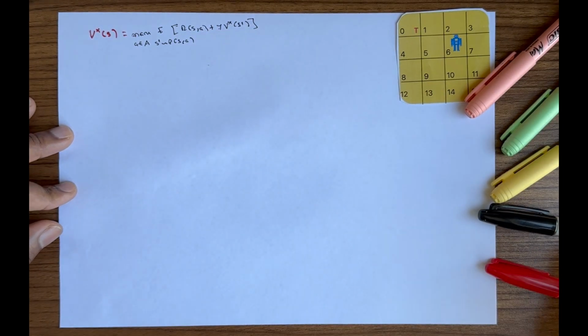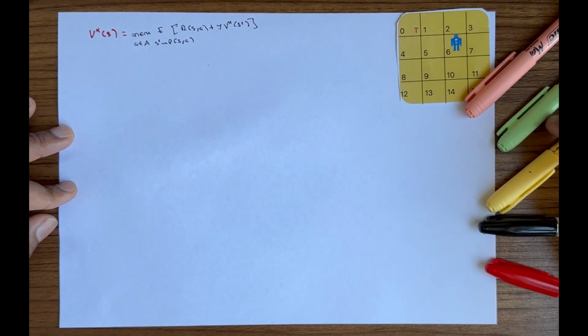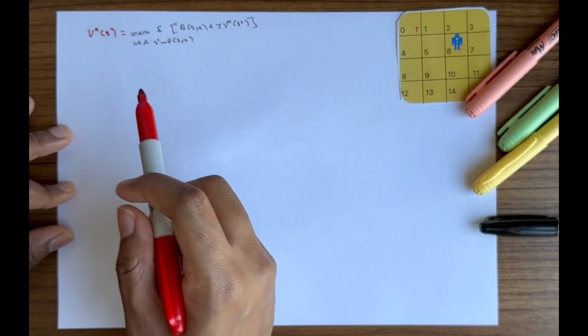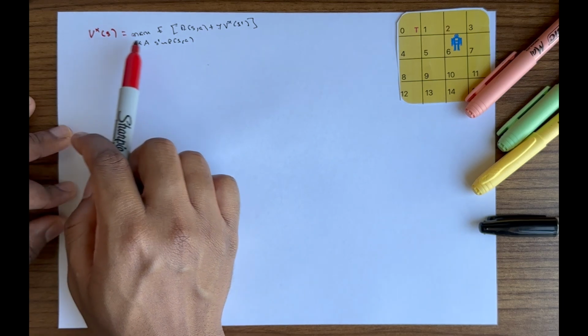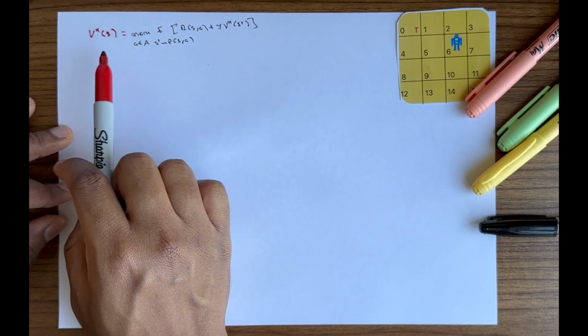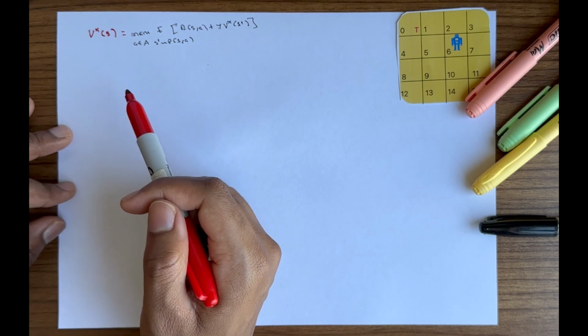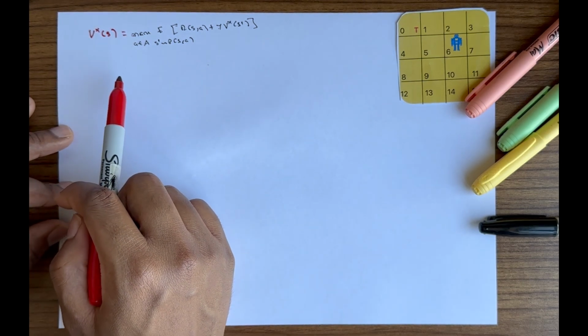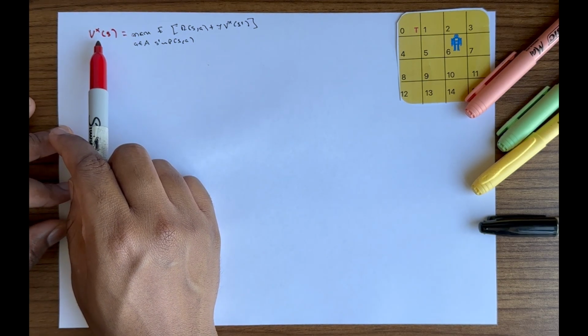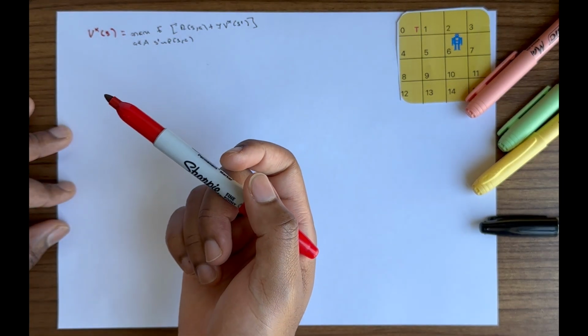Okay, so if you have gotten a good value function, all you have to do is check both the right hand side and the left hand side if they are equal. And once we get a V star, we can find a corresponding pi star.